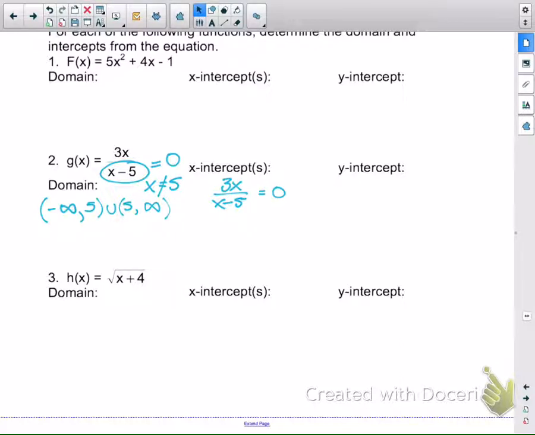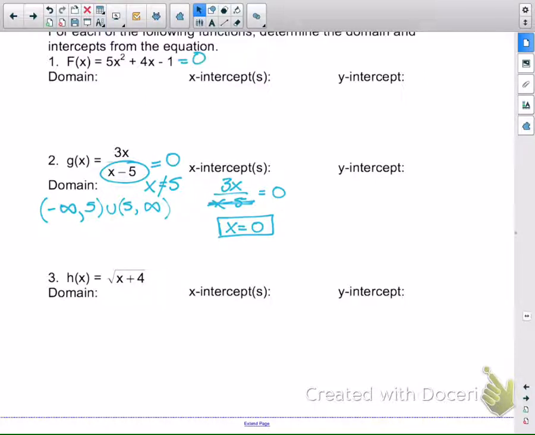The top. Why is it the top? Because 0 over anything is what? 0. 0 on the bottom is a whole separate issue, but I'm going to ignore the denominator completely on this and just worry about the top. If I set the top equal to 0 and solve it for x, how do I solve that for x? Divide by 3. That just gives me x is what? 0. That's my x-intercept. So on fractions, really, you just have to set the top equal to 0.